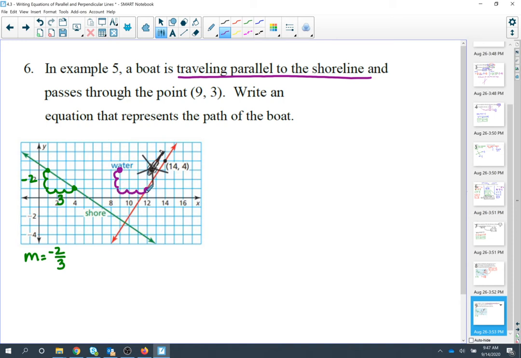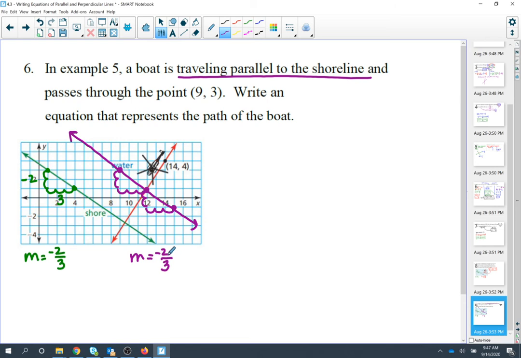I could do it again: down 2 over 1, 2, 3, which is going to get me the line of my boat. So my boat is traveling parallel, so my purple line is never going to touch my green line. So my boat also has a slope of negative 2/3.